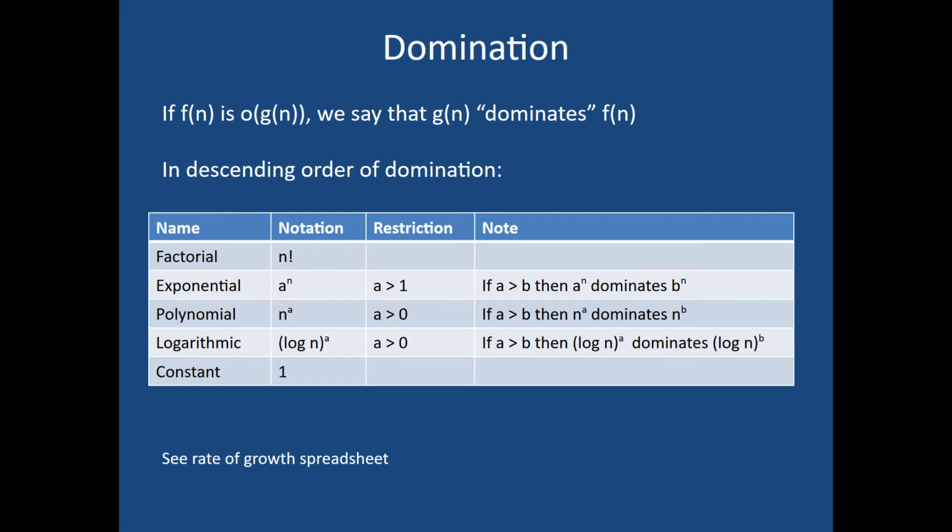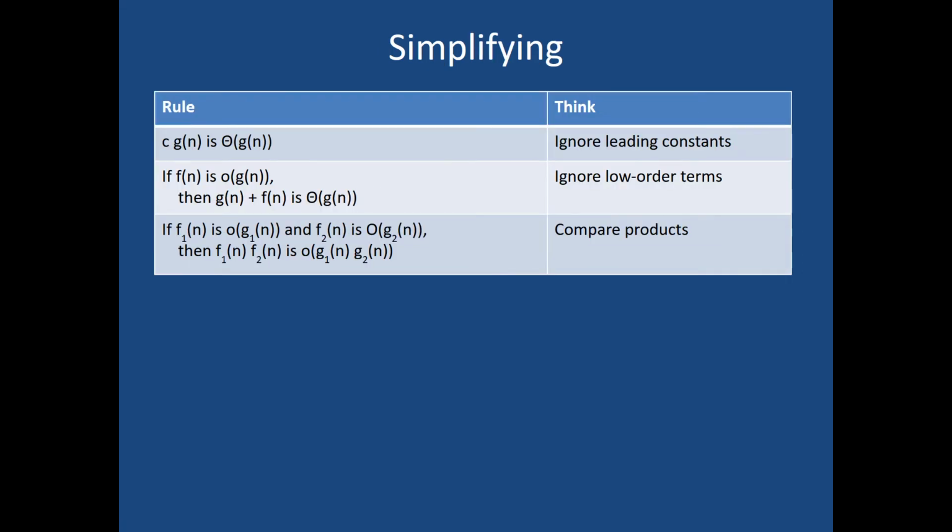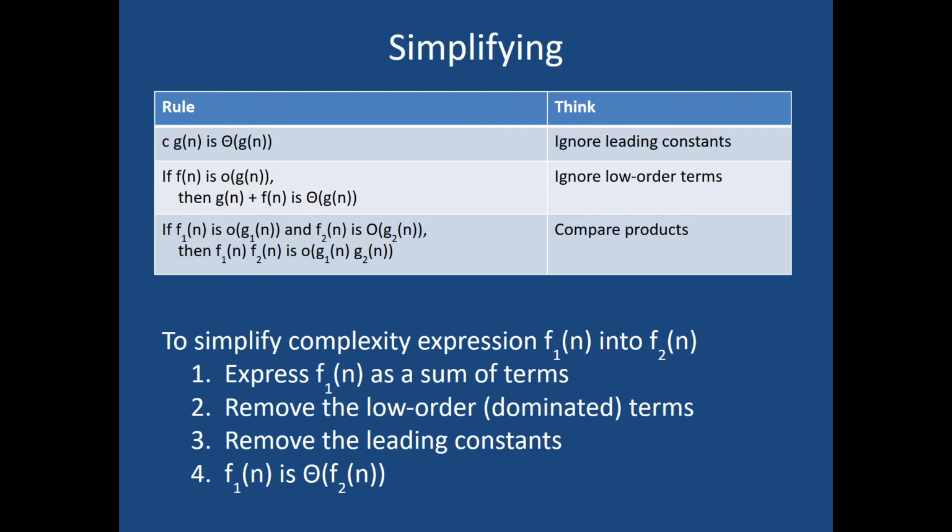We can deal with comparing n squared and n cubed and comparing n and log n, but multiplying n log n, what do we do? That's what that third rule does. It says you break f into 2 pieces and break g into 2 pieces and compare them. I'll explain that in a second.